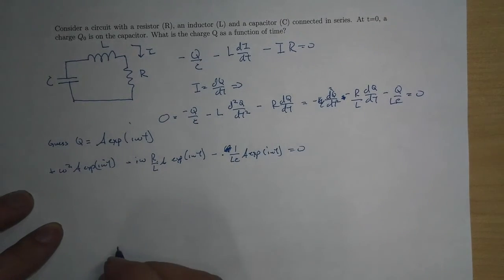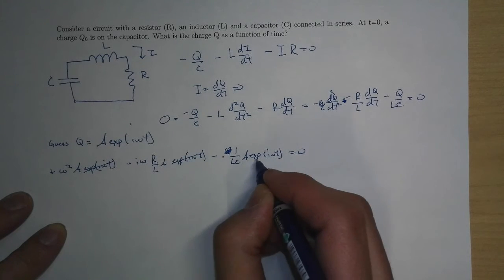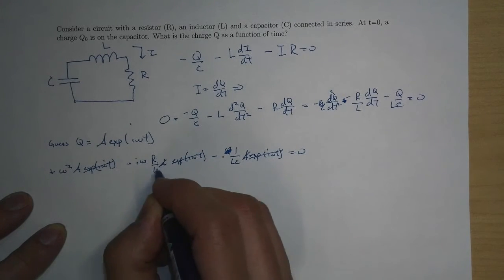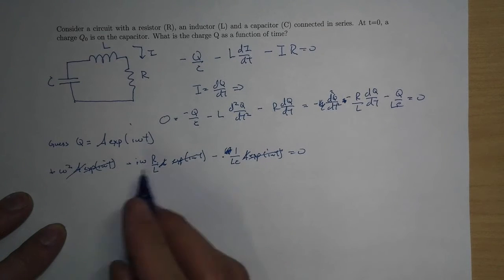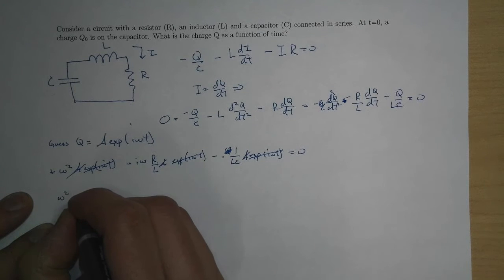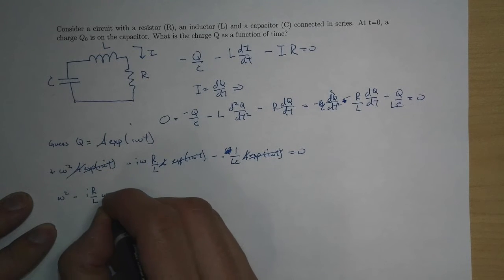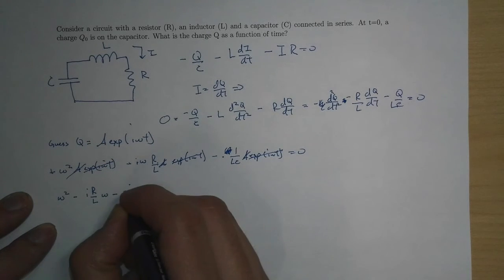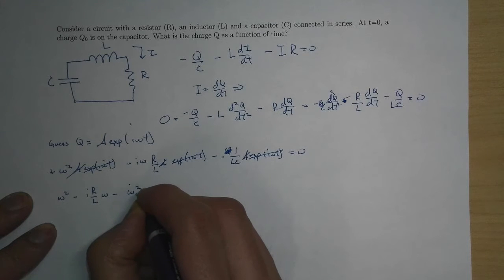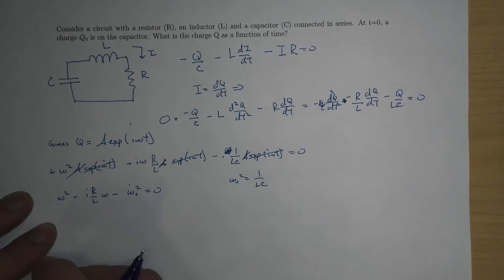Everything's equal to 0. Now the beauty of this is that the exponentials go away, and in fact the A's go away too. You're left with a quadratic equation for omega: omega squared minus I R over L omega minus omega 0 squared equals 0, where omega 0 squared is equal to 1 over LC.